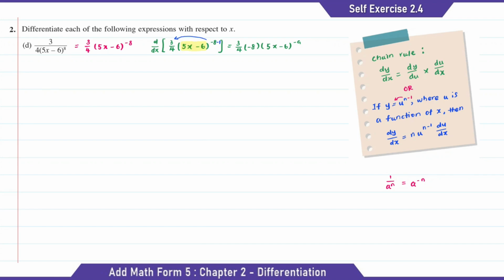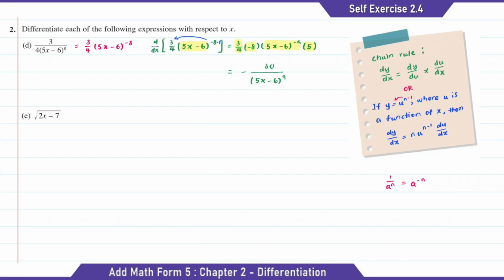Then differentiate the terms in the bracket, which is going to be 5. Next, multiply 3 over 4 with negative 8 and 5, which is equal to negative 30. Then write the power here in positive form. Then the final answer will be negative 30 over bracket 5x minus 6 to the power of 9.